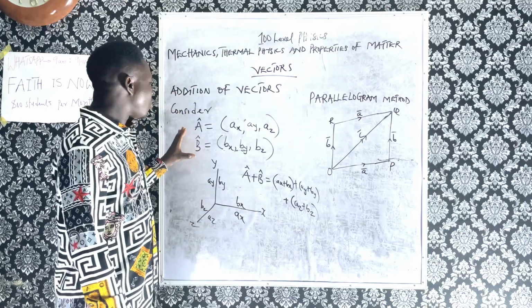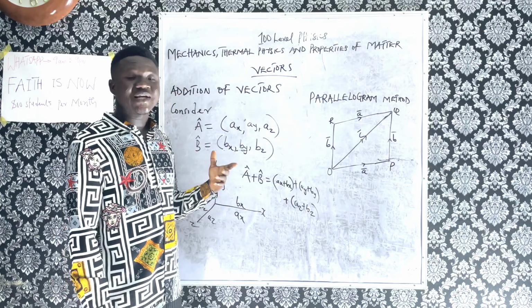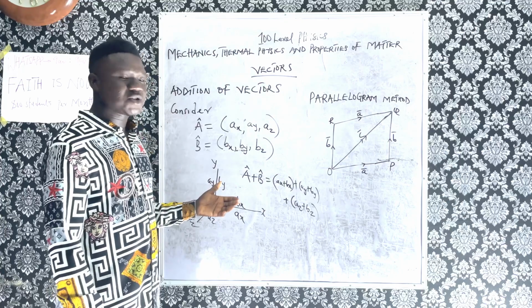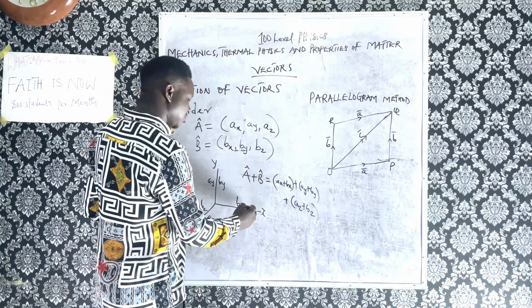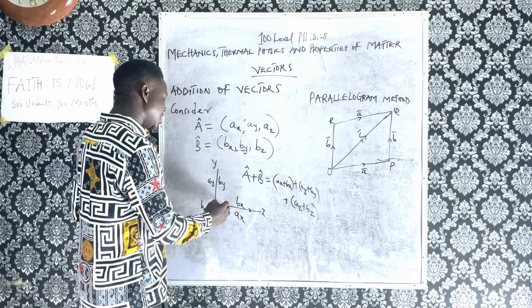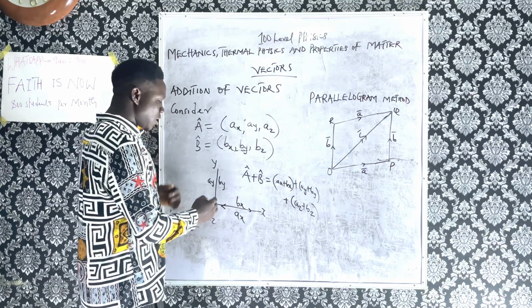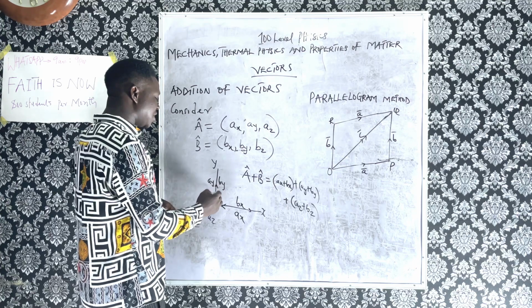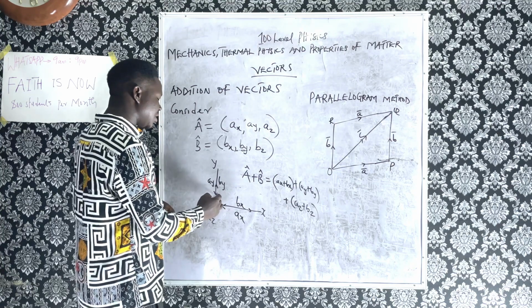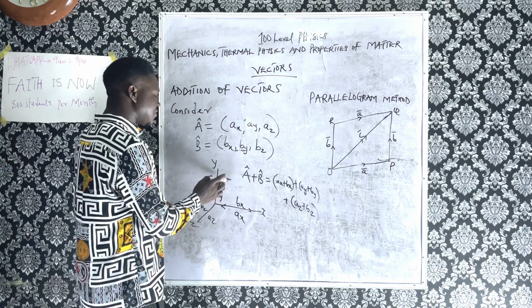Now what if they are moving in different direction? Say ax is going in this direction and bx is going in the opposite direction, then ay is going in the positive direction, by is going in the negative direction.